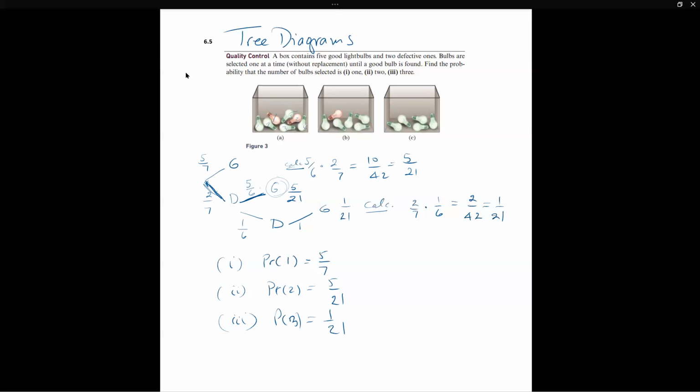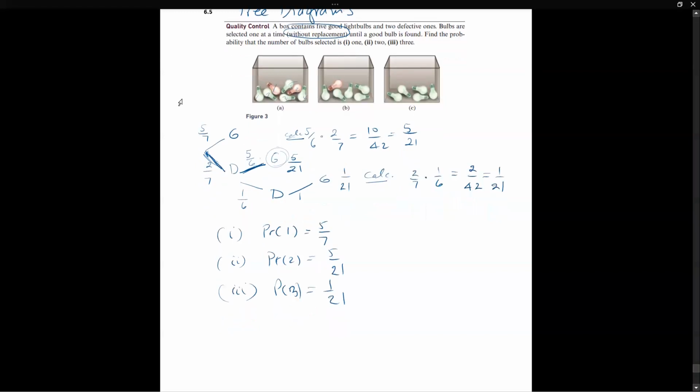And we compute it, of course, by multiplying the probabilities of the branches. So this is a branch and this is a branch. The first path corresponds to the situation in which only one bulb is selected. The second path corresponds to 2, and the third path is to 3. And keep in mind that we said without replacement there.